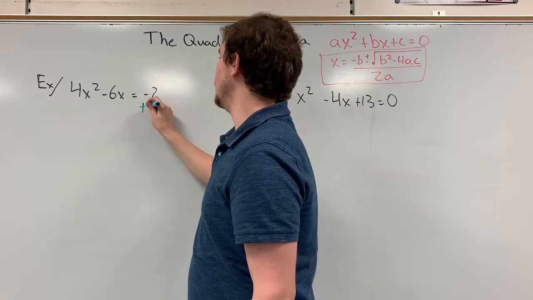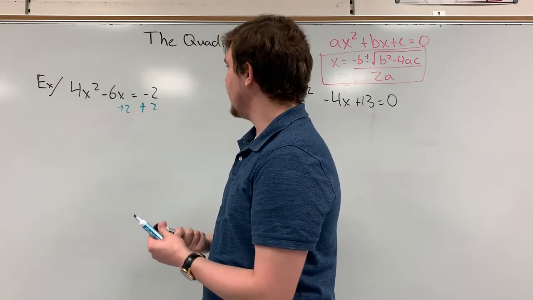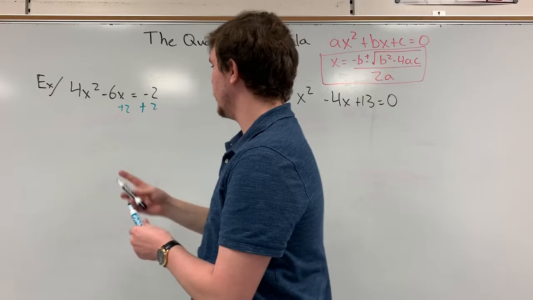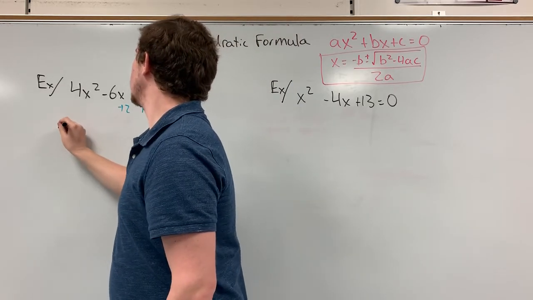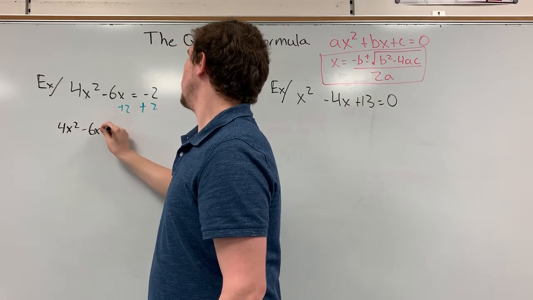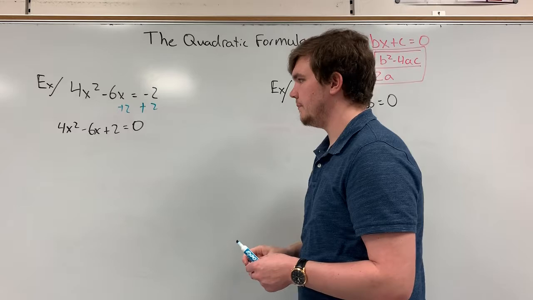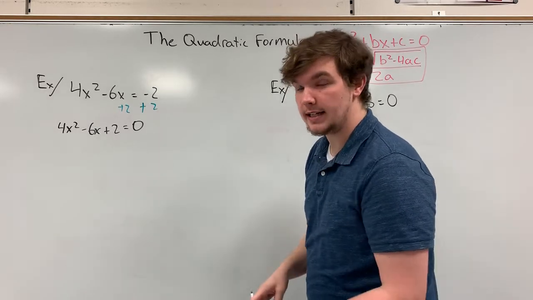Let's add 2 to both sides. When I add 2, I get 4x squared minus 6x plus 2 equals 0. Now everything is on one side of the equal sign.